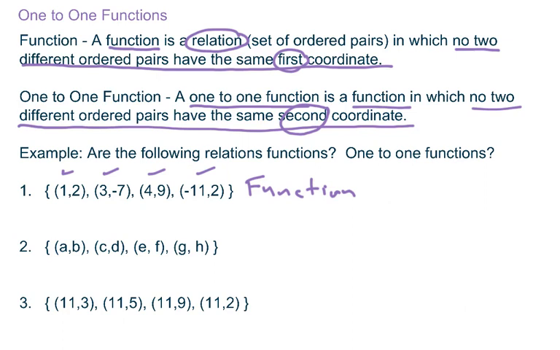Is it a one-to-one function? Well, to be a one-to-one function, no two different ordered pairs can have the same second coordinate. And if you look really carefully, this ordered pair and this ordered pair have the same second coordinate. So although this is a function, it is not a one-to-one function.